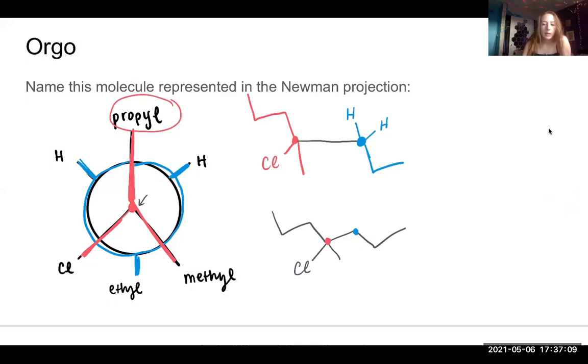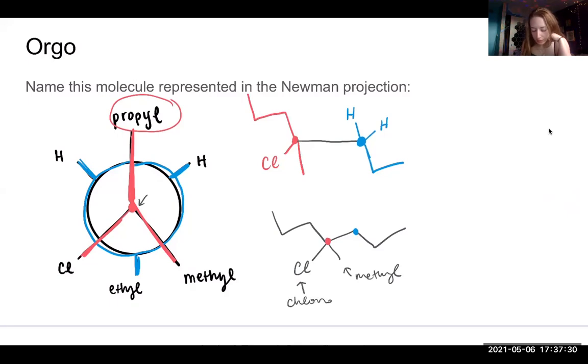And I'm going to do everything like we did before, find the longest chain, and the one with the lowest numbering scheme. Here we have a symmetric molecule, so no matter which direction we go in, we'll still get the same answer. So we have a methyl group here and a chloro group.